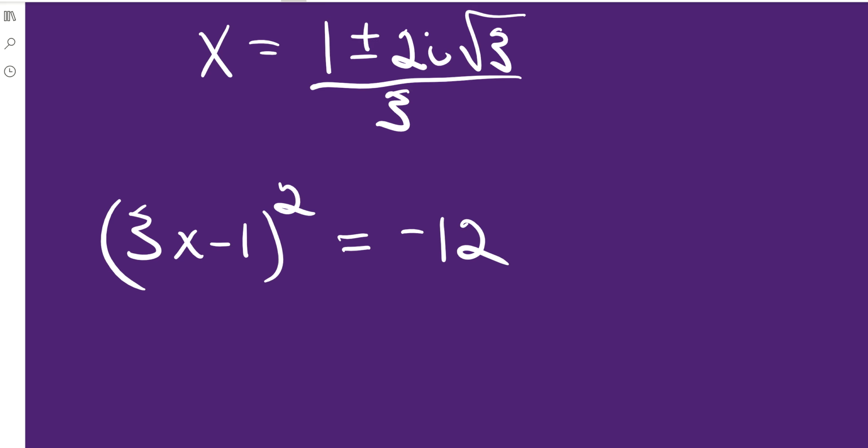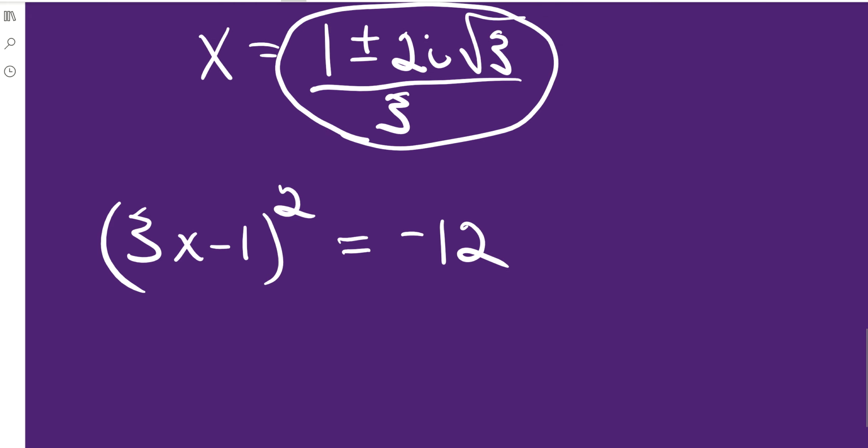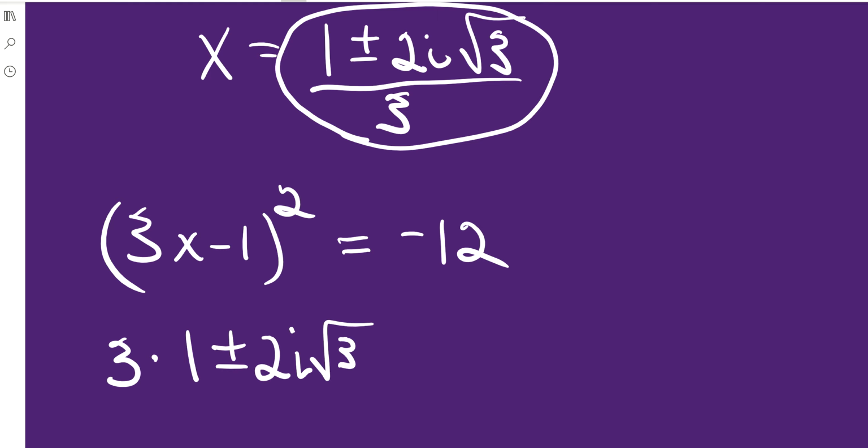All right, so x equals this thing here. So I'm going to carefully write that up. I'm going to have 3 times x, and x is 1 plus or minus 2I root 3, all divided by 3.